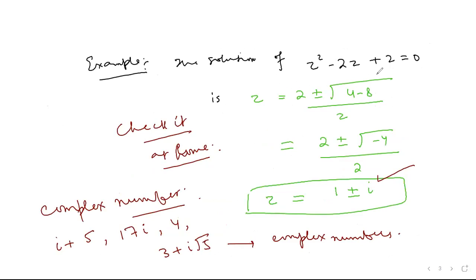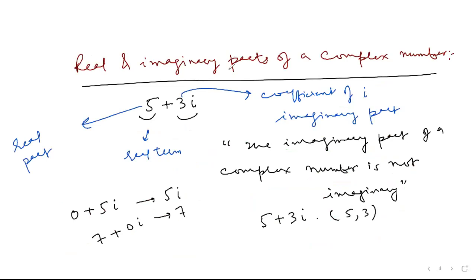Then we gave this example. We said the solution of this quadratic equation is 1 plus minus iota. Then we said a complex number is in general written as a sum of two terms like 5 plus 3 iota. The first term, which is the real term, is called the real part of the complex number, and the coefficient of iota, which in this case is plus 3, is called the imaginary part of this complex number 5 plus 3 iota.